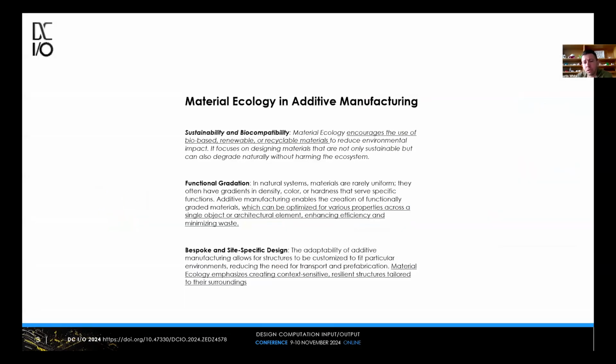Today, I'm going to focus on a set of relatively new research projects in a rapid-fire series of slides looking at bio-based material and additive manufacturing through identifying industrial material waste streams, focusing on topics of sustainability and biocompatibility, functional gradation, and bespoke and site-specific design.